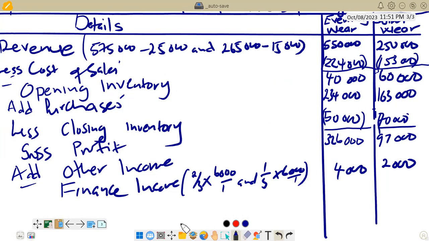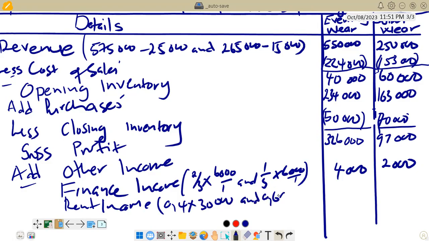Right. So now we have got rent income. Remember for evening we say it's 0.4, that we are multiplying by 30,000, which is the total. And then for the other one, we are saying 0.6 times 30,000.